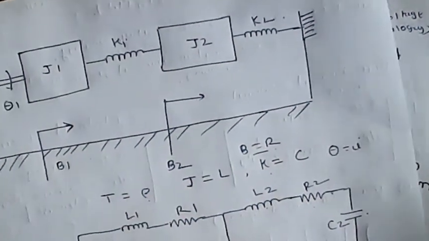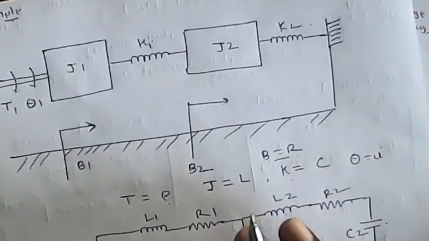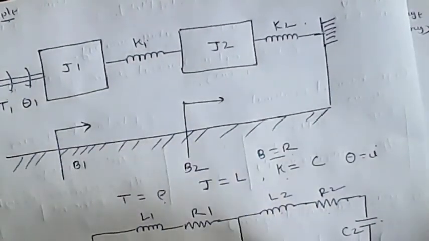In this way we can draw this rotational mechanical system as an electrical system having two meshes, with two currents I1 and I2.